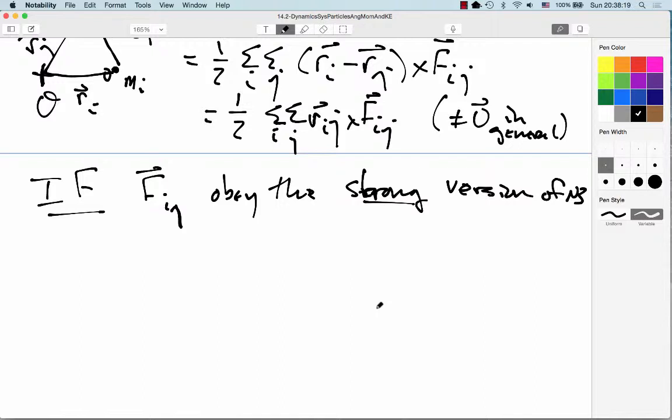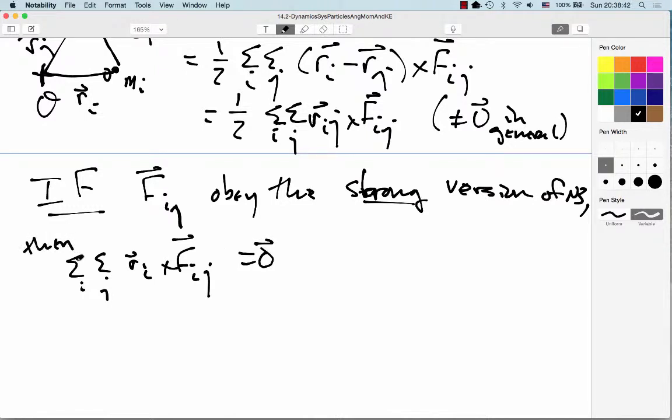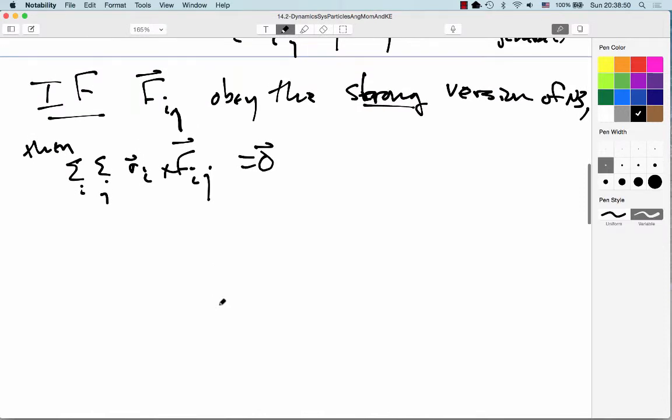And then we can say that the double sum, sum i, sum j, r_ij cross F_ij, equals 0. But that's only if it obeys the strong version of Newton's third law. We'll go ahead and assume it does, since many of our forces are central.